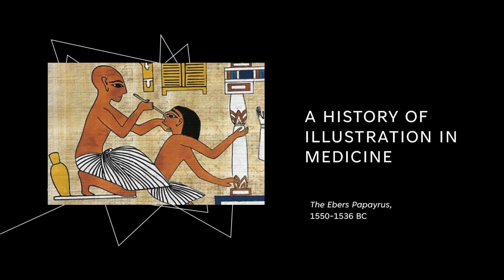This is the Ebers Papyrus, created between 1550 and 1536 BC during the reign of Mepolis I. It's thought to be the oldest and most extensive record of Egyptian medical history, featuring over 840 remedies for illnesses and injuries.